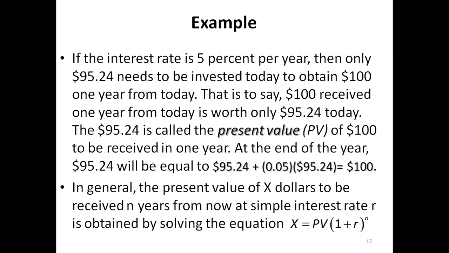So we multiply by 1 plus the interest rate, 1 plus 5%, to the power 1, because this is in year 1. This is the amount of money we are discounting times the present value to get 100.